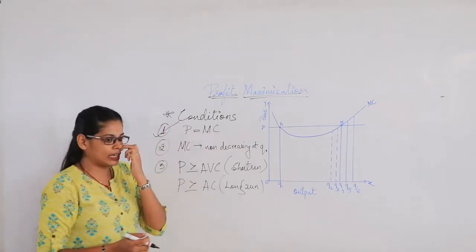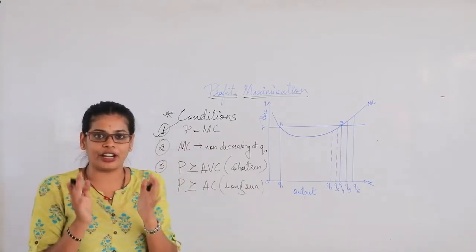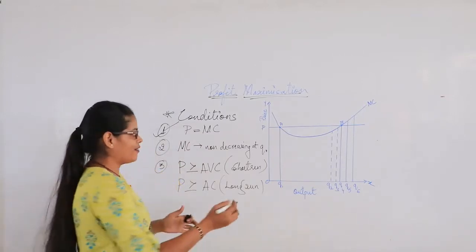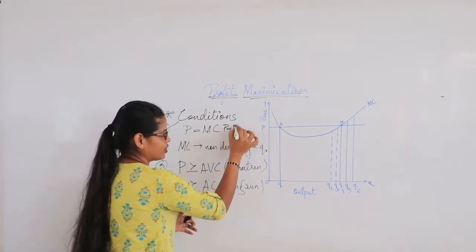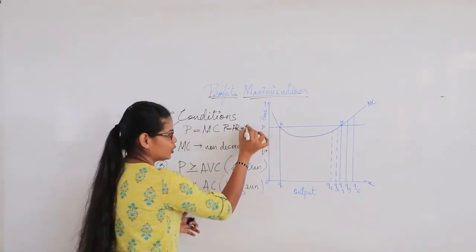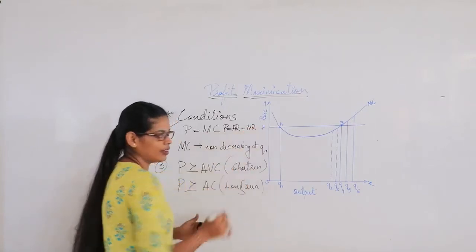In this condition, we have already seen that in a perfect competitive market, the price is equal to average revenue, which was equal to the marginal revenue, right?